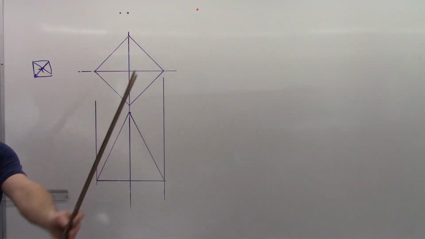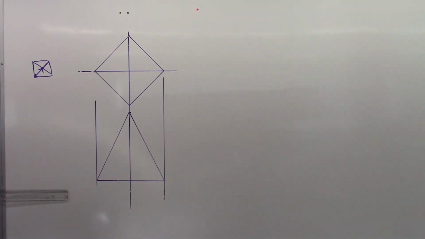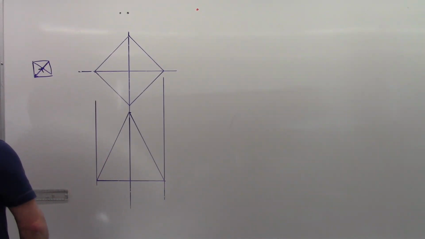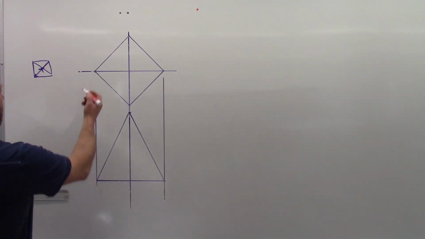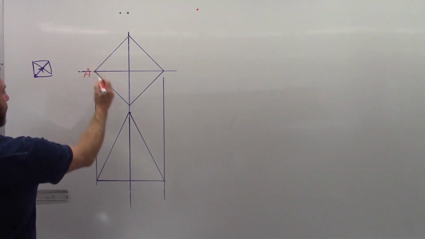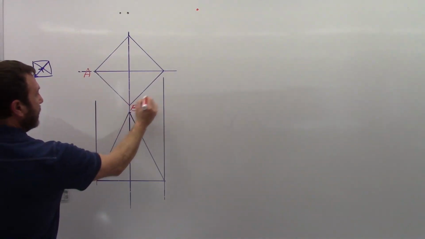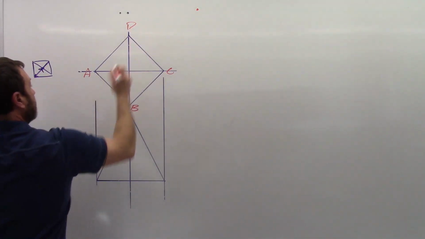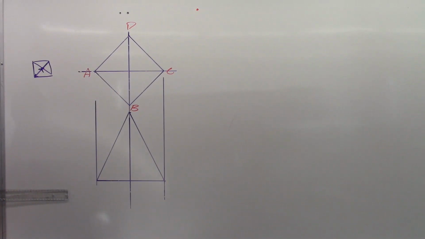It's got depth coming towards us. So we don't need that. And if we wanted to, we could label this one. Let's go A, B, C, D. And again, it's letters for something square shaped.